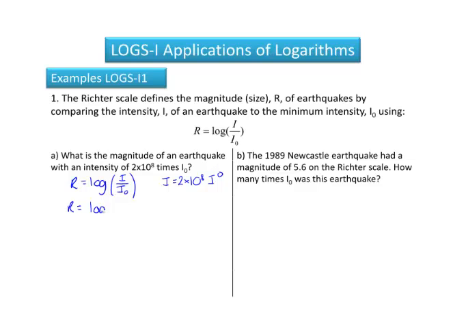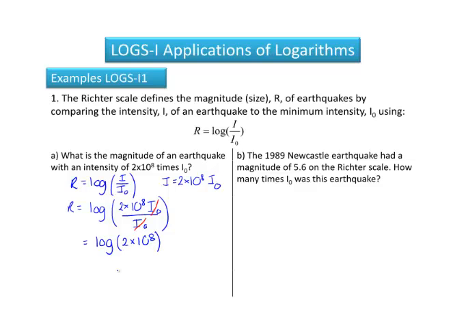R equals log of 2 times 10 to the 8 I0, all over I0. From there you can see that the I0s cancel, so that disappears. Now I have log of 2 times 10 to the 8.